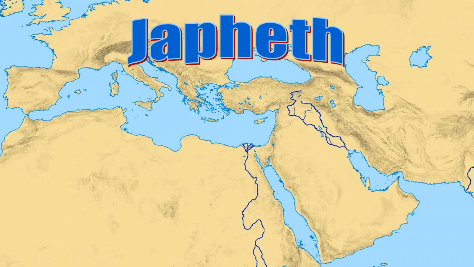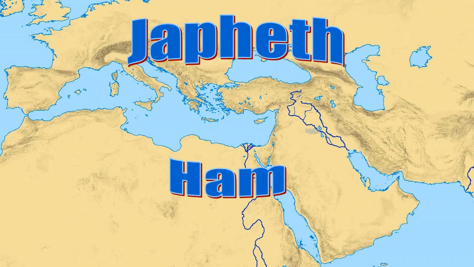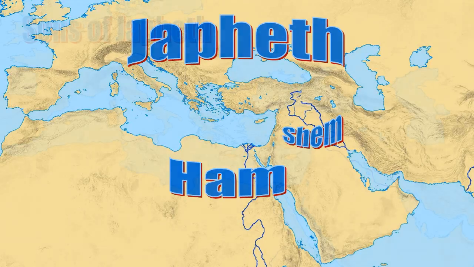Remember how you had Japheth and you had Ham and you had Shem, and Japheth was largely settled in the people that we think of as Indo-European. And Ham, notice I've got Africa, but also a little bit of the Middle East as well, especially with the Phoenicians and Canaan. And I've got Shem, the Semitic people, for the most part, were confined to the Middle East, although there's some overlap.